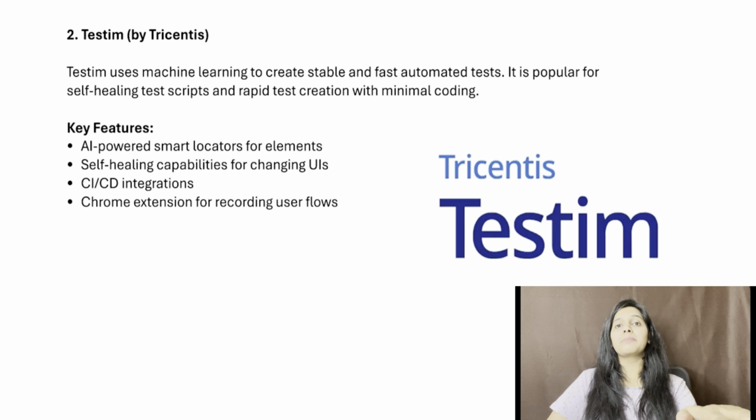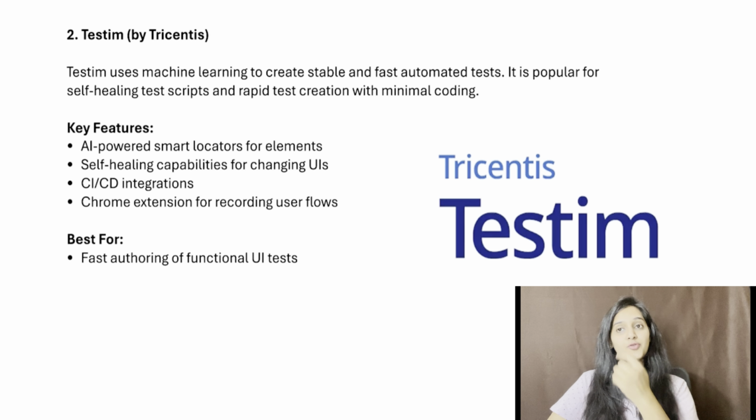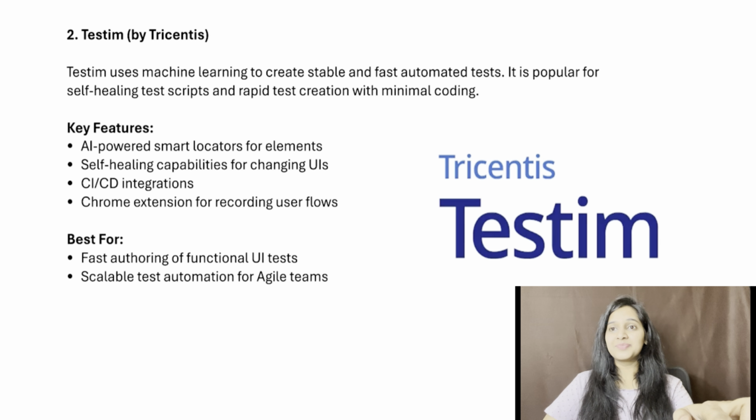So these are the main key features of Testim, and it is best suitable for fast authoring of functional UI tests. Suppose you have a set of functional test cases, you can complete them as quickly as possible with the help of Testim.